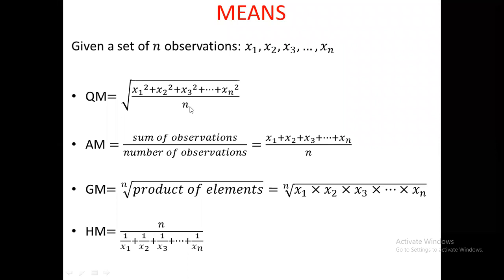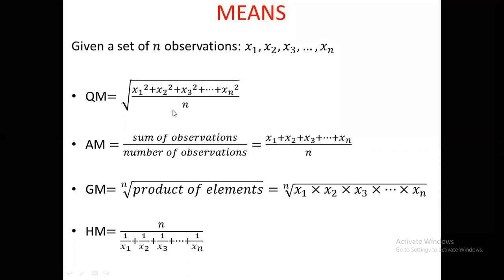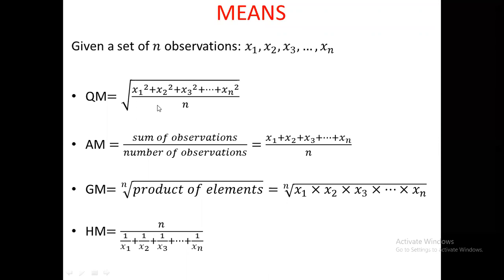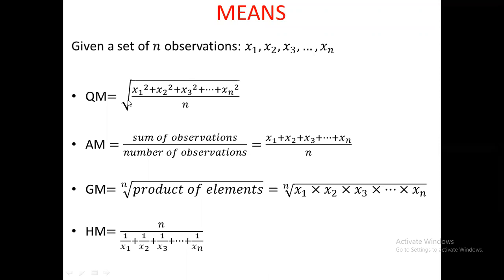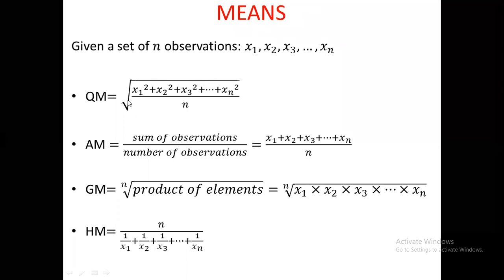So we have x1, x2, x3, up to xn. We take the square of each, add them up, and divide by how many there are. There are n of them, so we divide by n. Now we find the square root of it. This is how you find the quadratic mean, which is also known as the root mean squared.